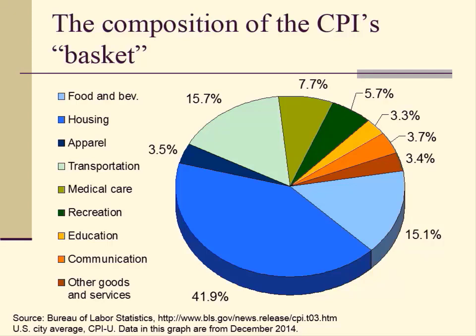You can see the breakdown here: food and beverages, approximately 15.1%, housing, approximately 41.9%, apparel, 3.5%, transportation, 15.7%, medical care, 7.7%, recreation, 5.7%, education, 3.3%, communication, 3.7%, and other goods and services, 3.4% respectively. So this is the typical urban household's basket.